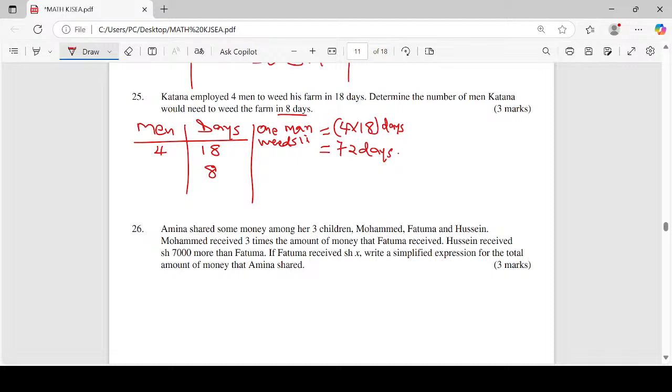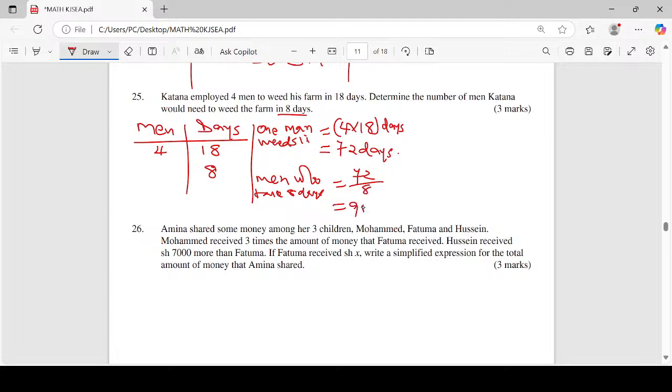Now, if one man takes 72 days to weed this piece of land, how many men will take 8 days? To get the number of men that will take 8 days, I take 72, the number of days taken by one man, divided by 8.